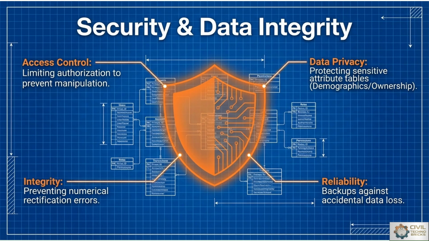Data integrity ensures that spatial data sets remain accurate and free from rectification or processing errors when we perform GIS operations on them. At the same time, data privacy safeguards sensitive attribute information such as land ownership, demographics, and engineering project details within the centralized cloud database.